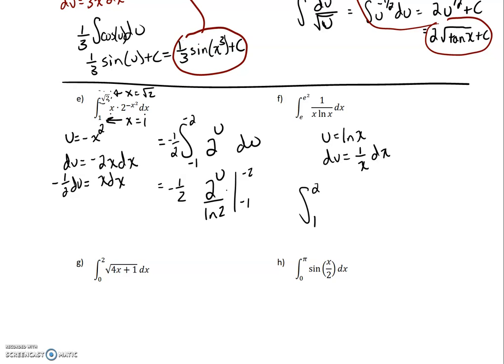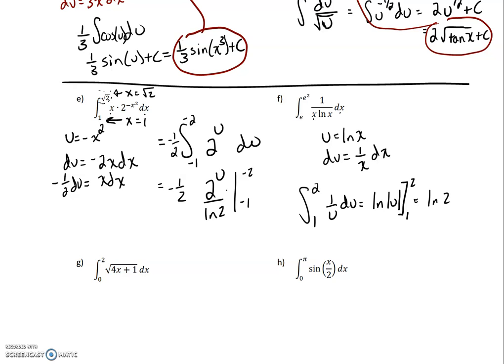This can be rewritten as 1 over u. The du is going to replace the 1 over x dx. So this is going to be the natural log of u, and I'm going to be evaluating that at 1 and at 2. I'll go in and write the answers into this at the very end, to each one of them, but you guys should be able to evaluate on your own.